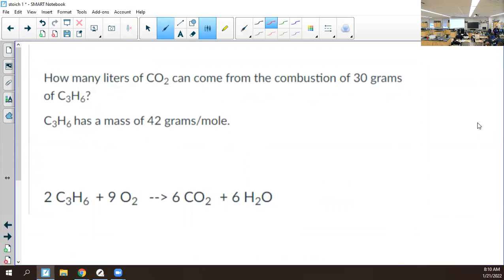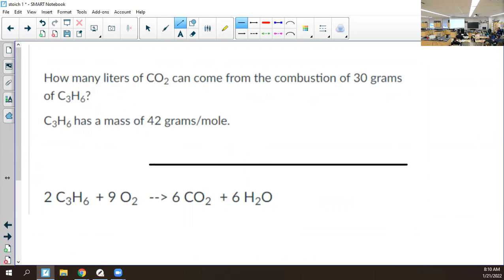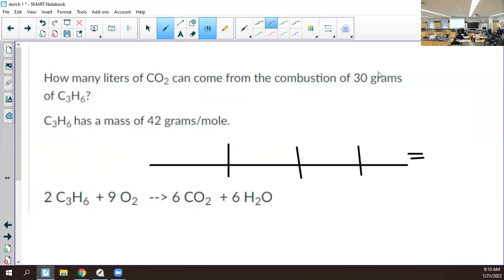So we know it's grams to liters because it was on the quiz that said grams to liters. So we should know that that is a 3-step picket fence. 2, 3, my beautiful equal sign. So I have 30 grams of C3H6.